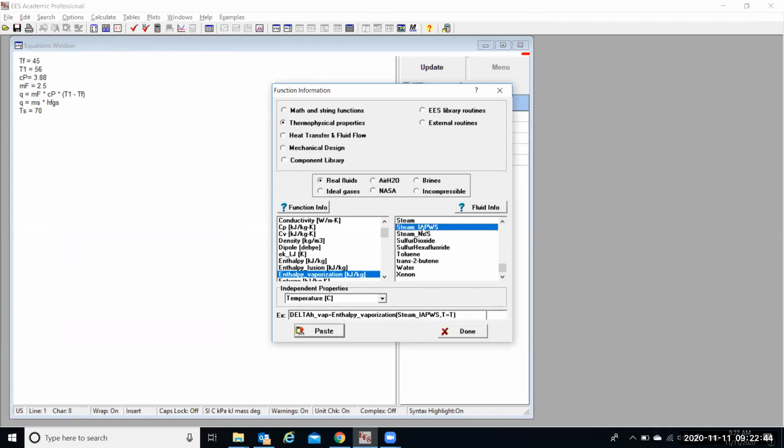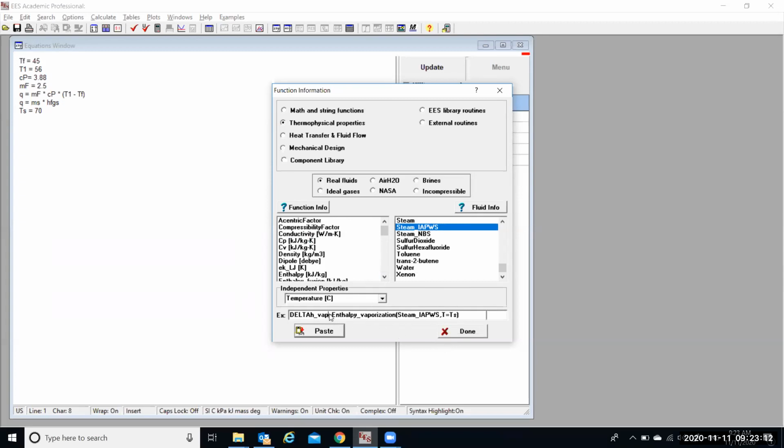Here it is. I'm looking for the enthalpy of evaporation. It has so many properties that can be calculated, which are basically compressibility factor, Cp, Cv, density, enthalpy, entropy, whatever. So it's enthalpy of evaporation, which is given as a function of temperature. So this is basically given to us here as a function of Ts.